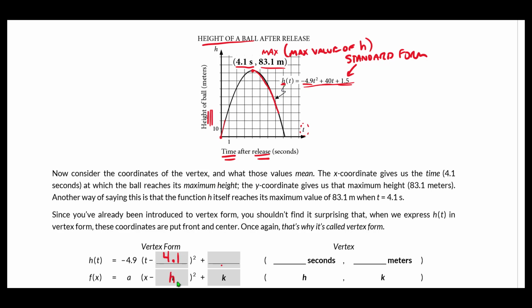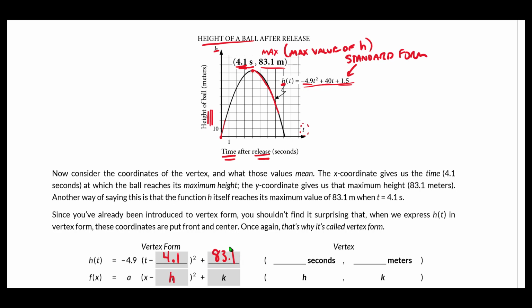This h is actually a t value. That is actually a time value. And again, in that h position, which is the x coordinate, or in this case t coordinate at the vertex, we have a 4.1. Why? Because the vertex has an x coordinate of 4.1. And then, of course, that k position, which is the y coordinate, or in this case h coordinate at the vertex, we are going to have 83.1.